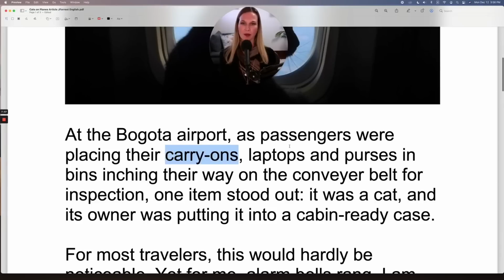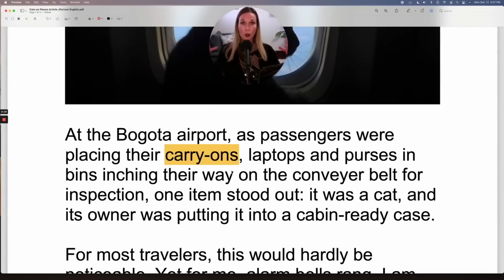Carry-ons. This is an absolute must-know for travel vocabulary. Most commonly planes, but you can also use this on trains, buses, most likely boats as well. Now, a carry-on is simply a bag that you carry onto the airplane.